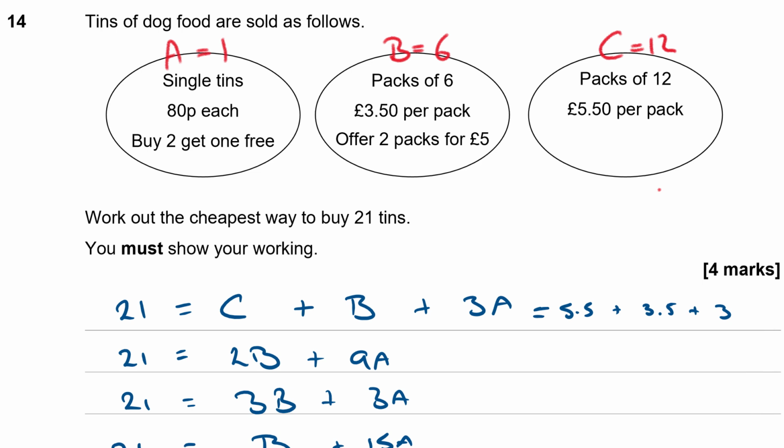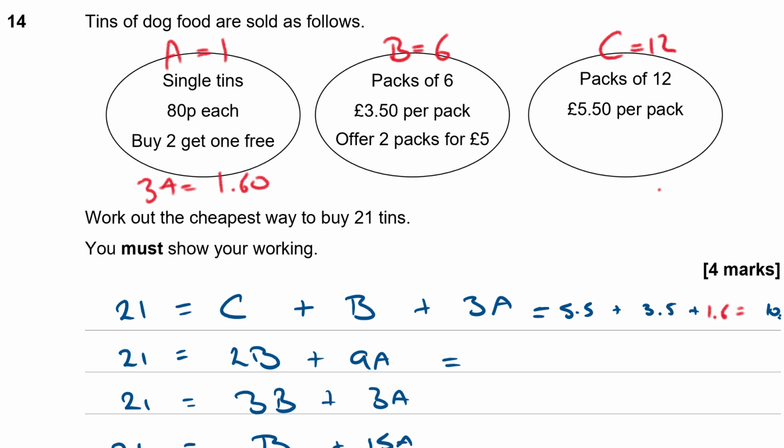So if I've got 3A, that's equal to the price of 2 tins, which is £1.60, isn't it? So 3A is going to cost me £1.60. So altogether, 550, 350 and 160 gives me a total of £10.60. Okay, that's my first choice.